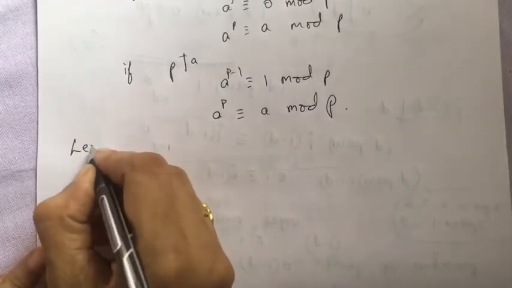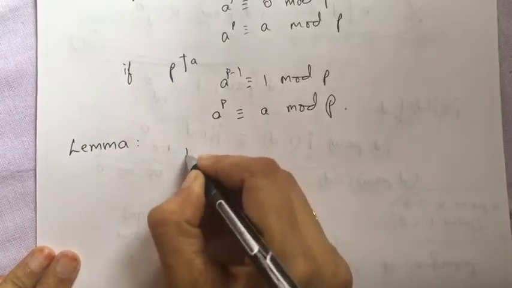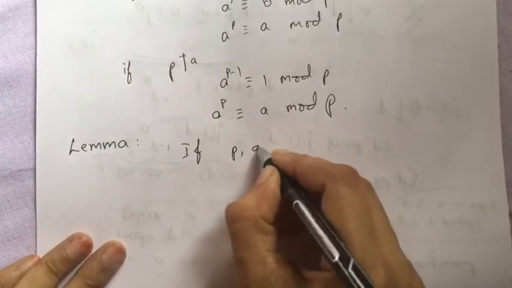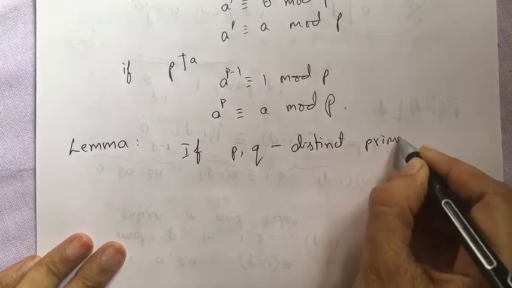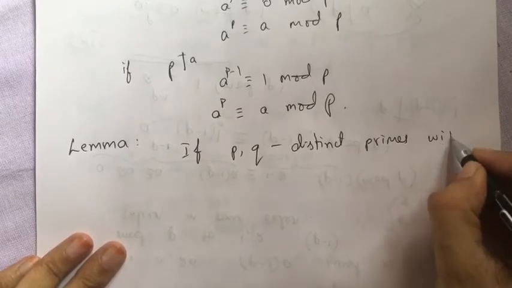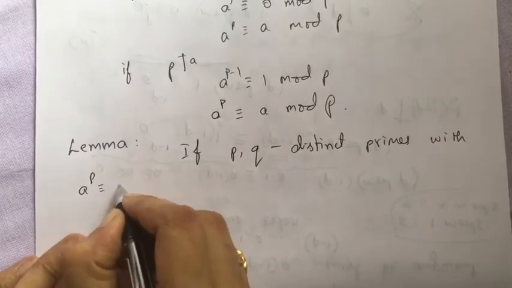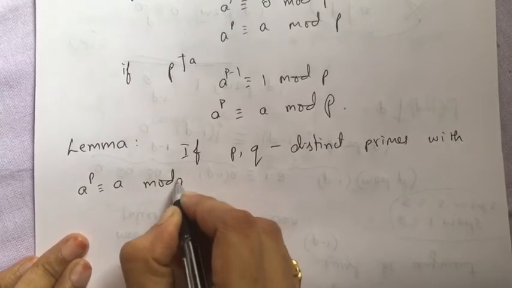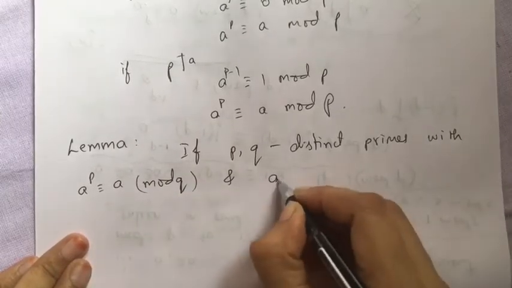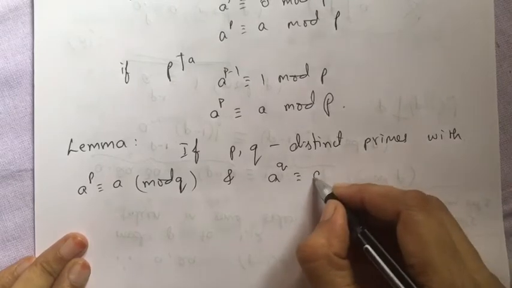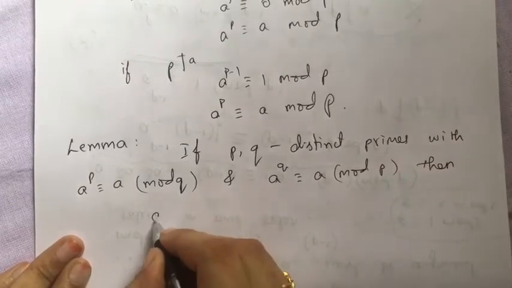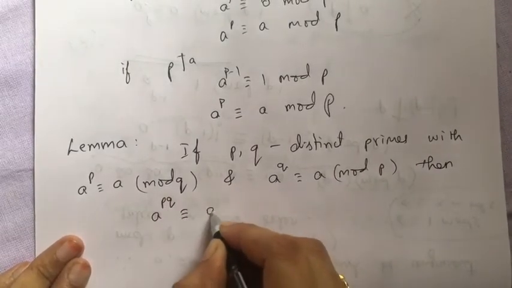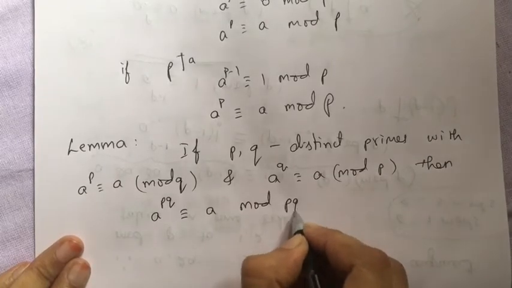Okay. Next is a lemma, which says if p and q are two distinct primes, and in such a way that a power p is congruent to a mod q and a power q is congruent to a mod p, then a power pq is congruent to a mod pq.